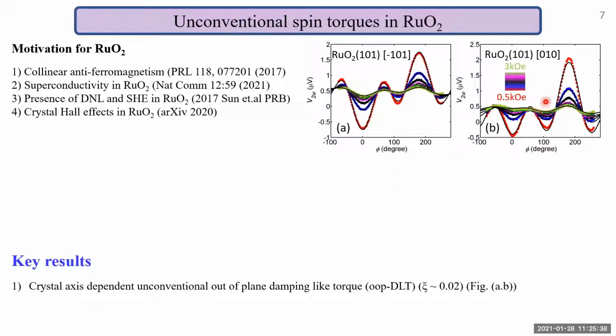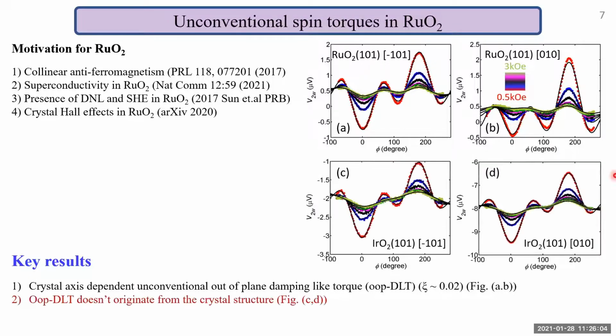Now the question is, what is the origin of this unconventional spin-orbit torque? Is it a bulk spin current, or does it just arise from the crystal structure of the 101-oriented plane? So we did a control experiment on iridium oxide 101.